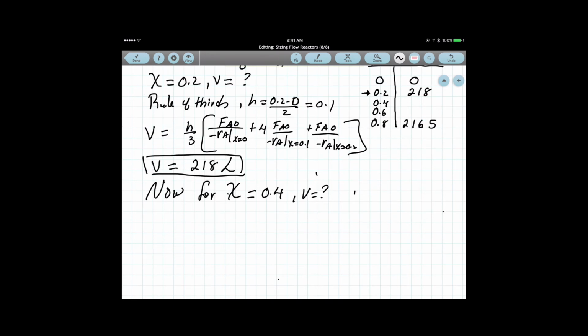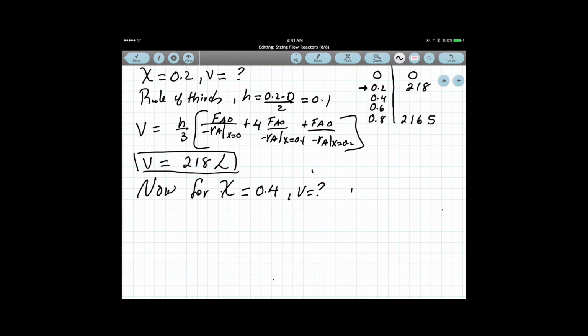Focus on working out the volume when the conversion equals 0.4. If you look at the data set, you notice that you have data that allows you also to divide into equal segments, in this case 2 segments of 0.2. That allows us to use again Simpson's one-third rule. In this case, I'm just going to put the solution for this.